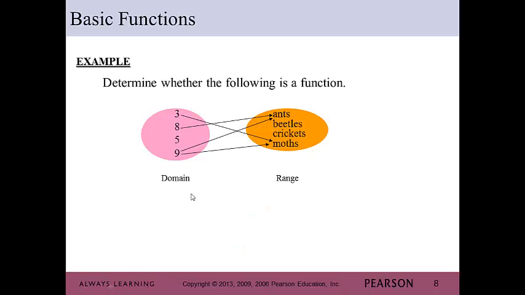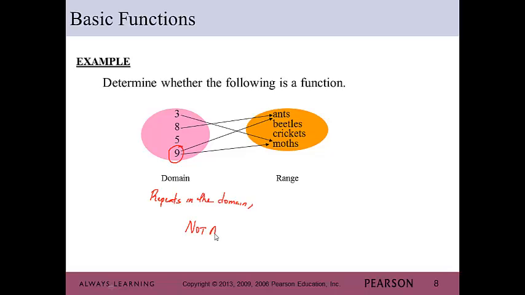All right, another example. So we see 3 corresponds or maps to moss, 8 maps to ants, 9 maps to ants, as well to moss. So what do we see happening here with the 9? It's being repeated. So we have repeats in the domain. So what does that say?